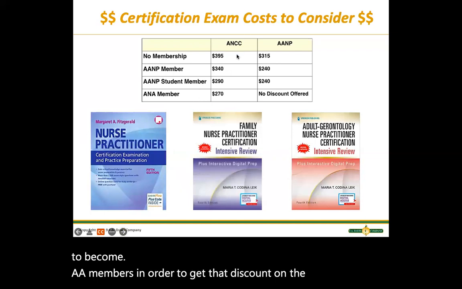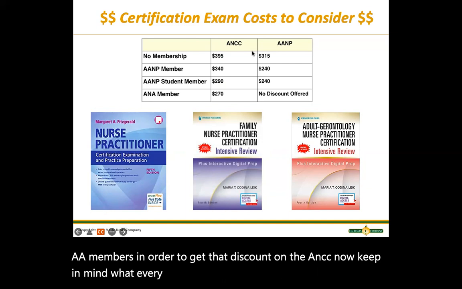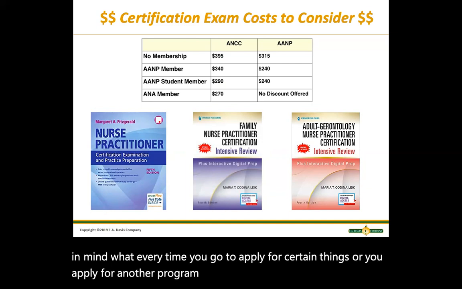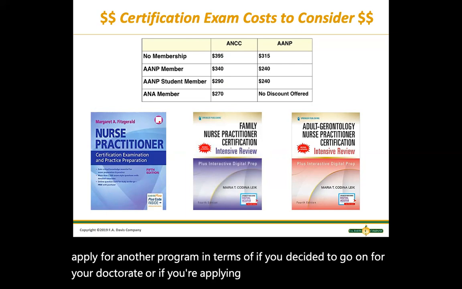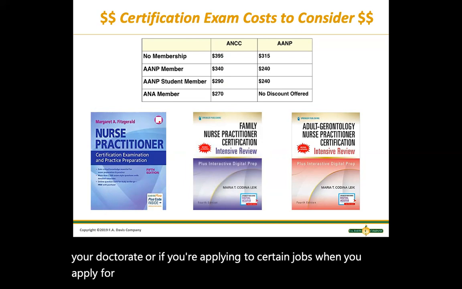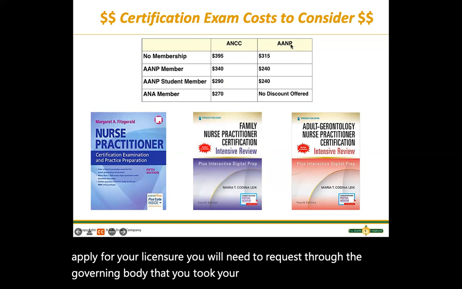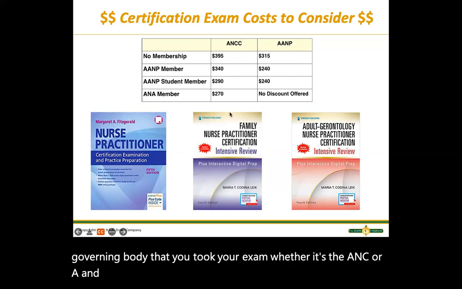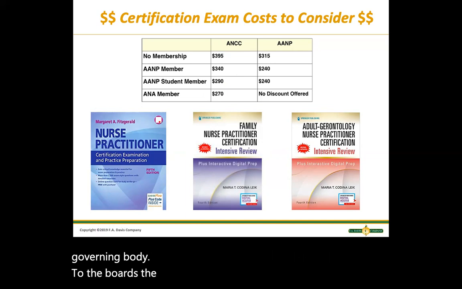Now, keep in mind, every time you apply for certain things, or apply for another program, like if you decided to go on for your doctorate, or if you're applying to certain jobs, when you apply for your licensure, you will need to request through the governing body that you took your exam with, whether it's the ANCC or the AANP, a copy of your certification be mailed directly from them to the state boards where you're applying for your licensure.